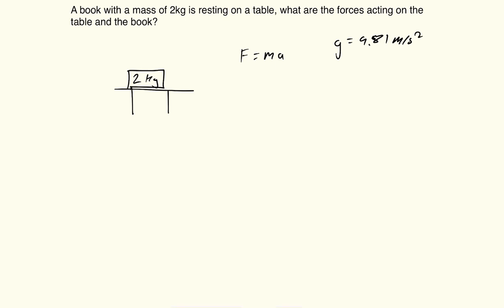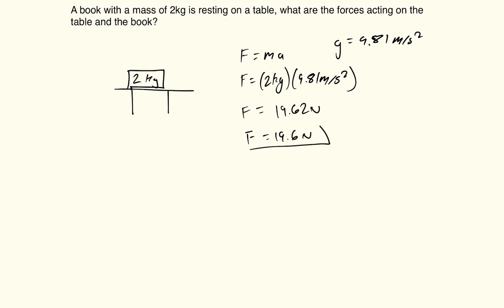So F is equal to ma. F is equal to 2 kilograms times 9.81 meters per second squared. F is equal to 19.62 newtons, and we can round that to 19.6 newtons.